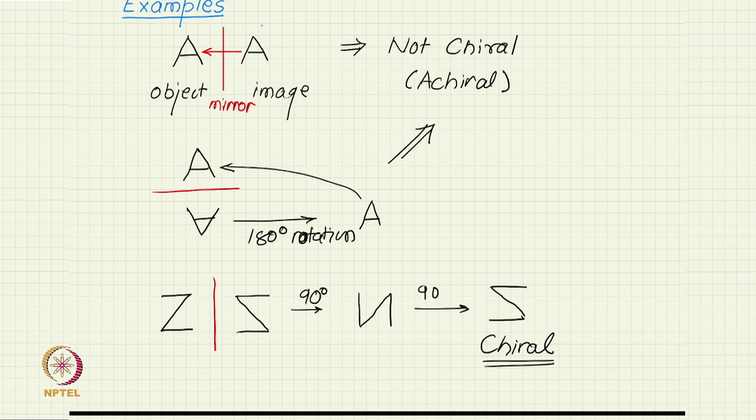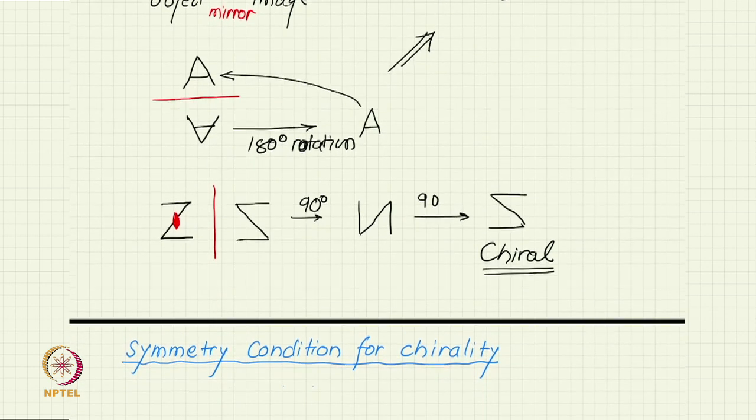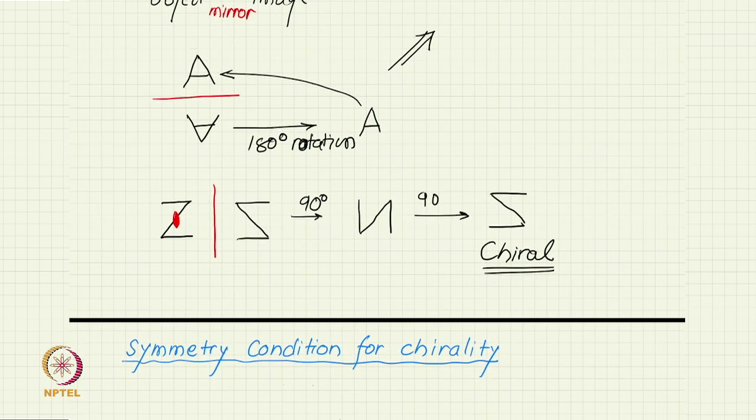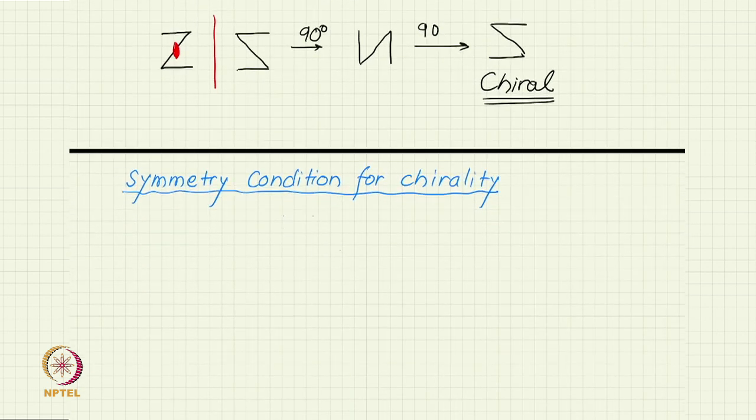If you see carefully, Z has a twofold symmetry, whereas A itself has a mirror plane as part of its symmetry. So, this is giving us some hint regarding the symmetry requirement or symmetry condition for chirality, which we will now write down. So, we can write the symmetry condition for chirality.